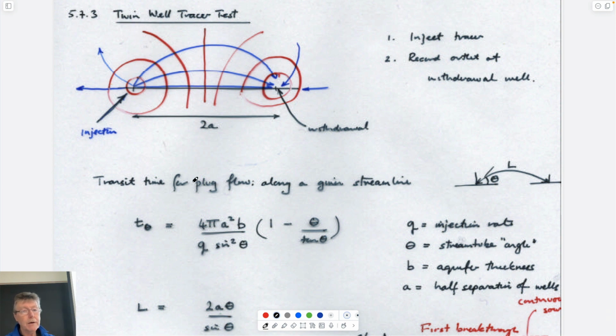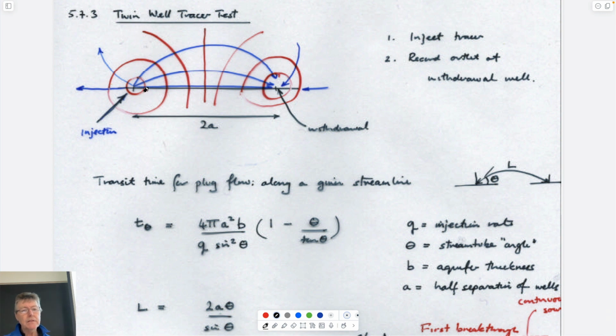The red lines are the equipotentials. This mid-equipotential is half the head drop between the upstream and downstream. This equipotential here goes to minus infinity, then comes back from infinity into the other side of the flow net, which is right here. That's kind of what it is.